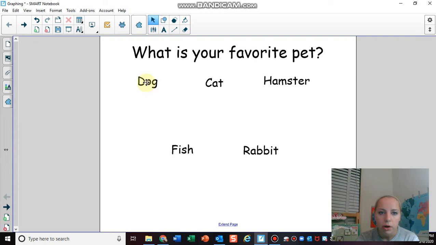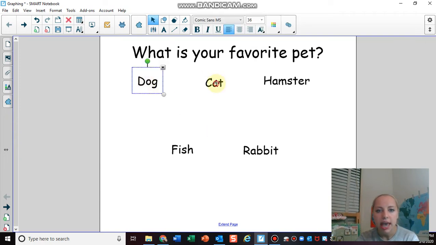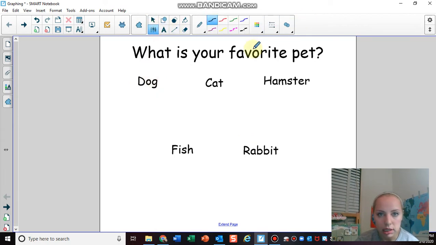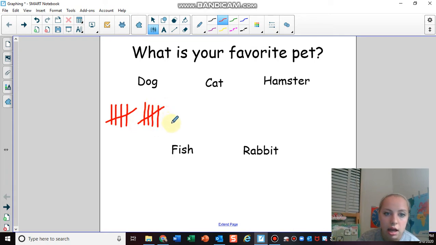The 5 categories are dog, cat, hamster, fish, and rabbit. Dog got 12 votes.